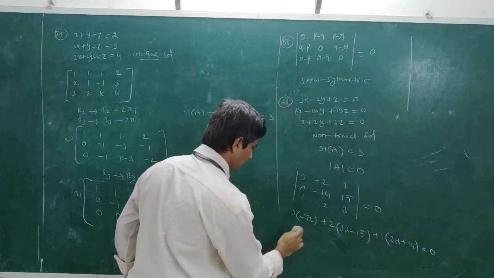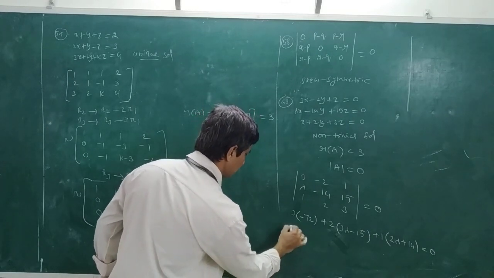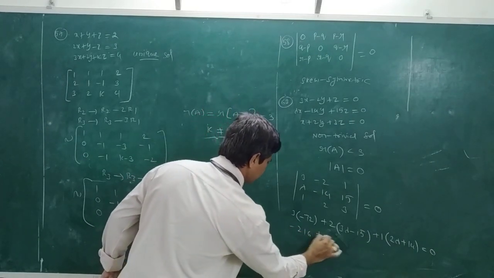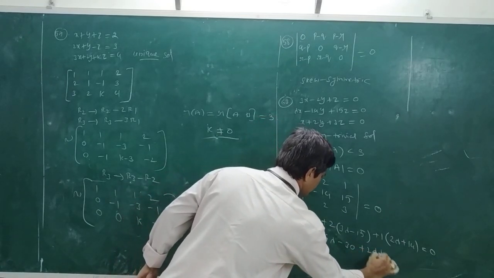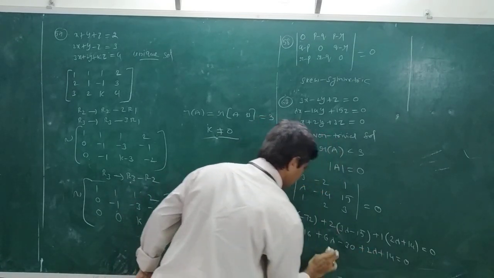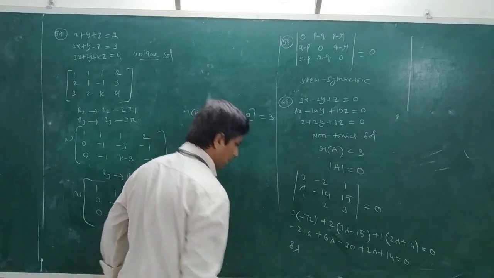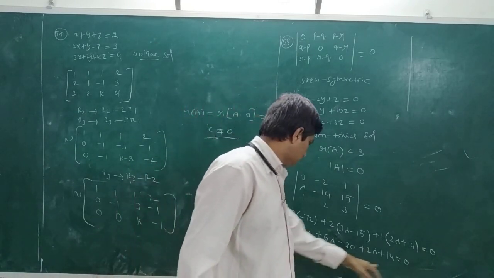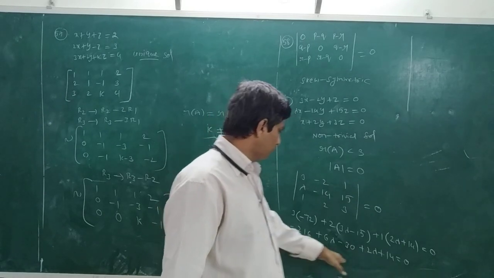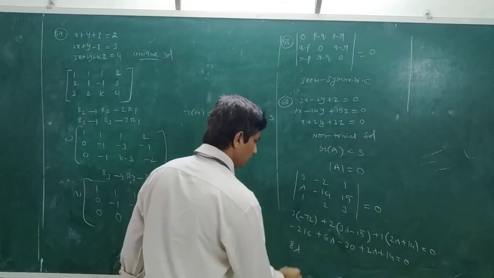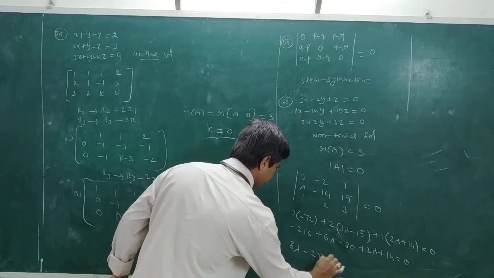So how much will you get? Minus 2 minus 6 plus 6 lambda minus 30 plus 2 lambda plus 14 equal to 6 lambda plus 2 lambda, 8 lambda. This is minus 246 plus 14, minus 232.